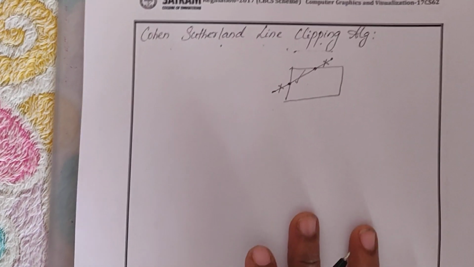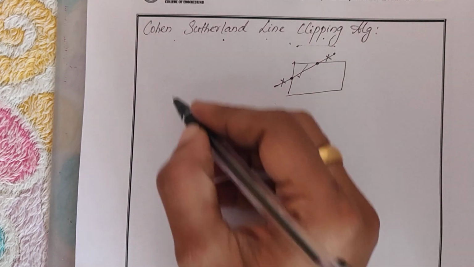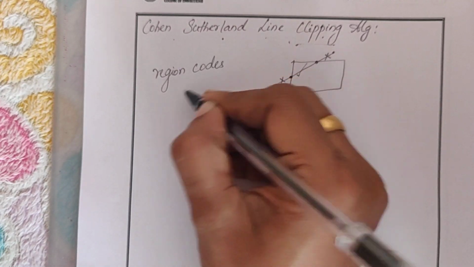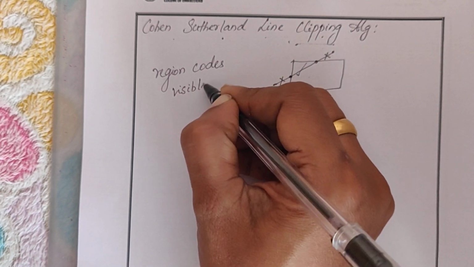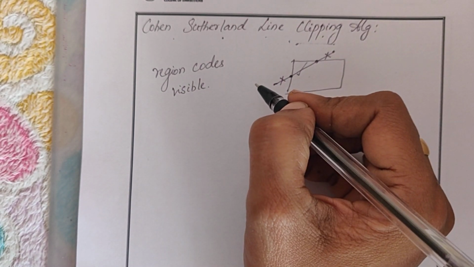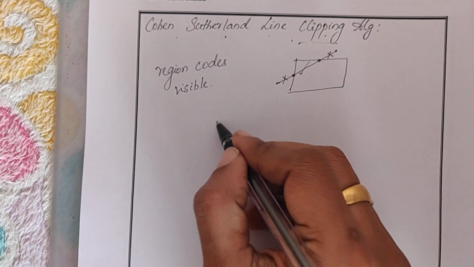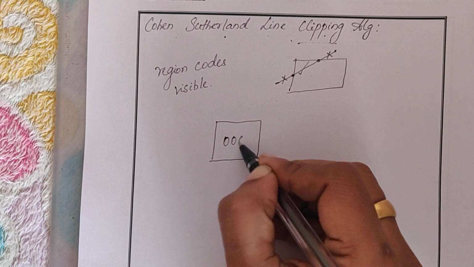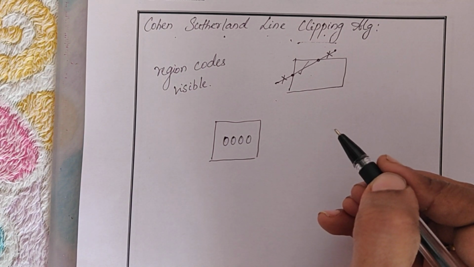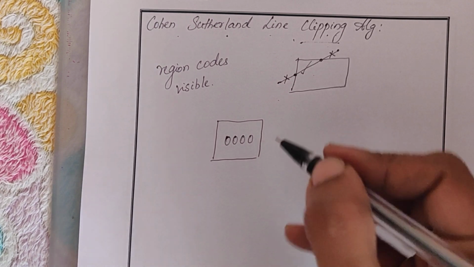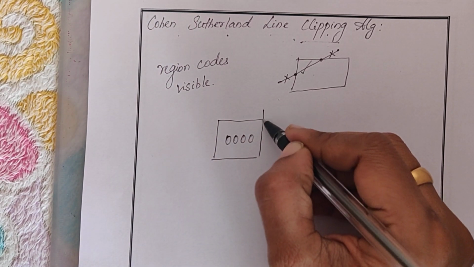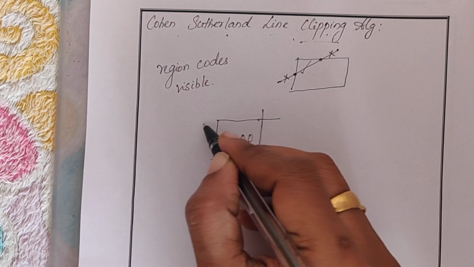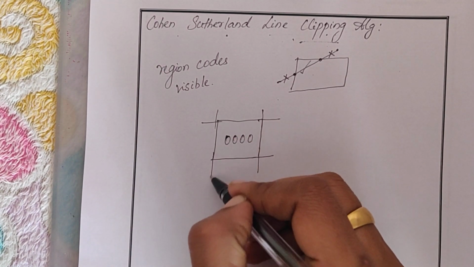And this algorithm uses region codes to find the visible part of my line. That is, inside the clipping window, the region code will be four binary zeros. Now, this algorithm explains how I can find the visible part of a line using these region codes.